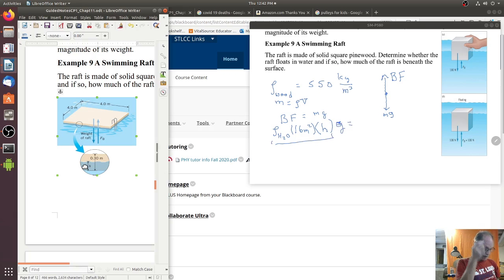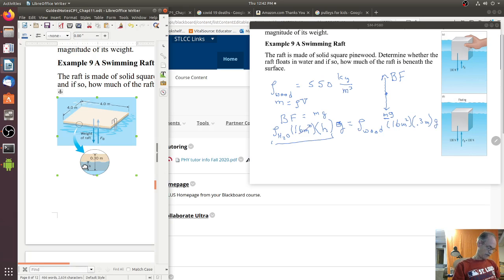That's going to equal mg, the mass of the wood. The mass of the wood is the density of wood times the volume of the wood. Well, that's equal to 16 meters squared times 0.3 meters. And that would be also times g.